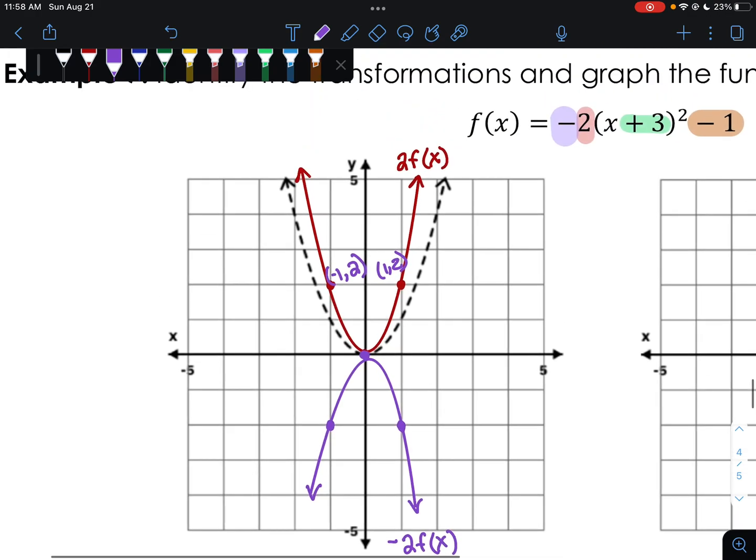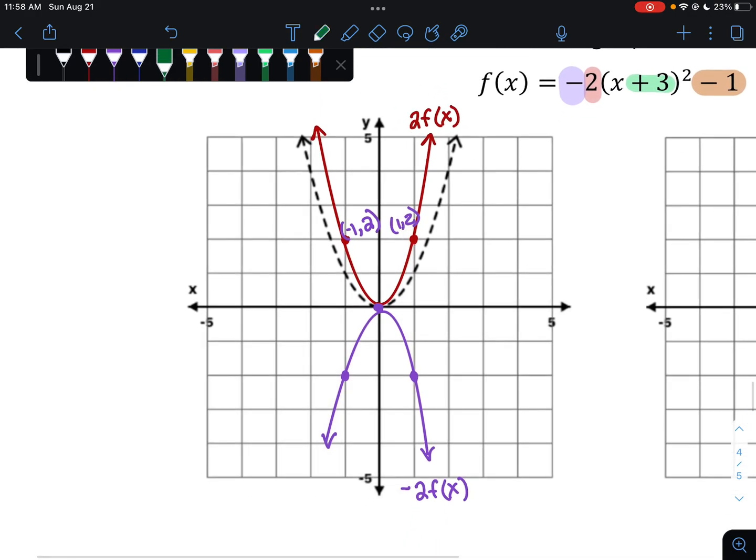Now I am going to worry about moving my graph to the left 3. So I'm going to take each point and I'm going to move it to the left 3 spaces. And that's where its new point is at. So I have this point right here. I move it over 3 spaces. So I have a new point there. I have this point here. I move it over 3 spaces.